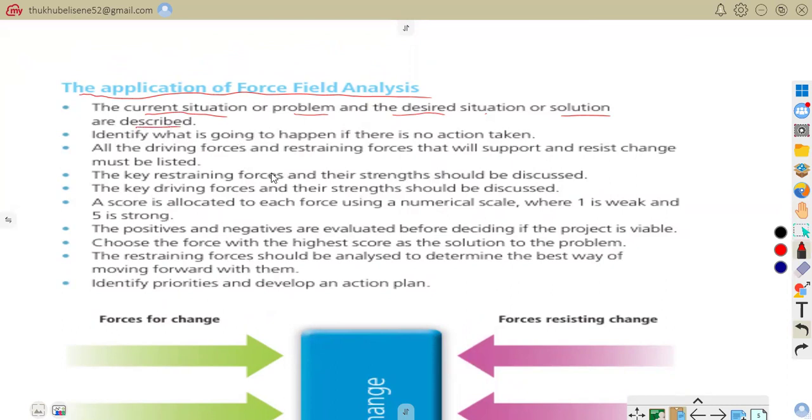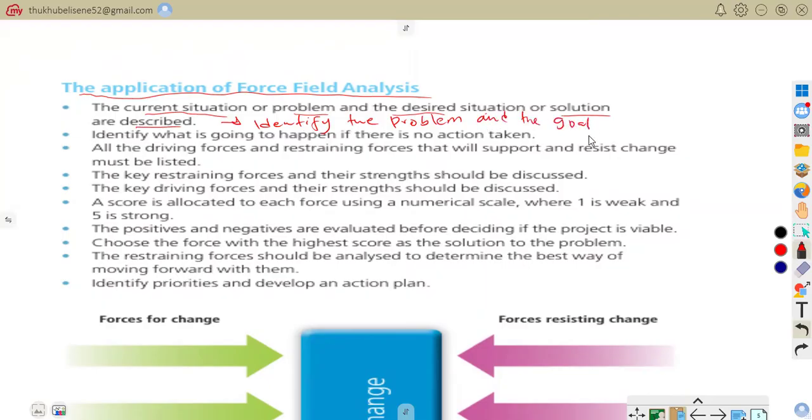So meaning to say, we identify the problem and the goal in this.